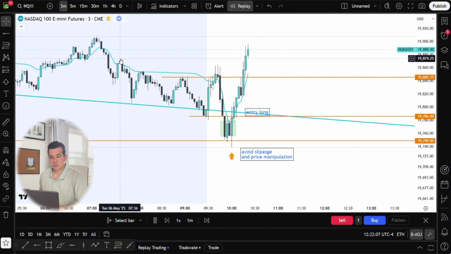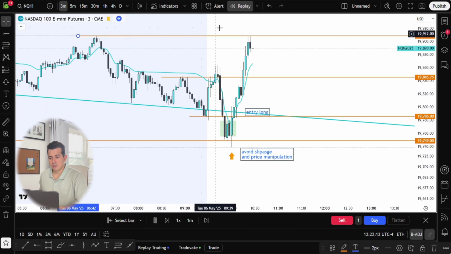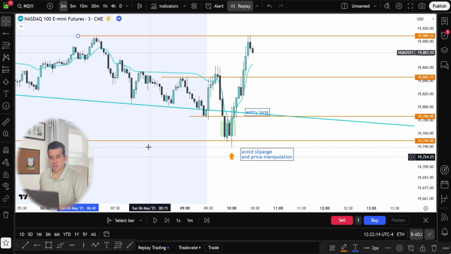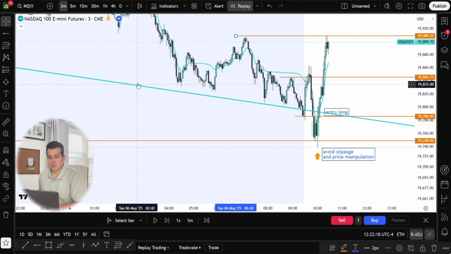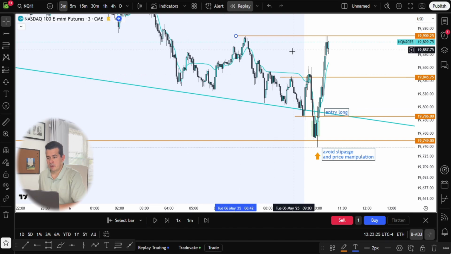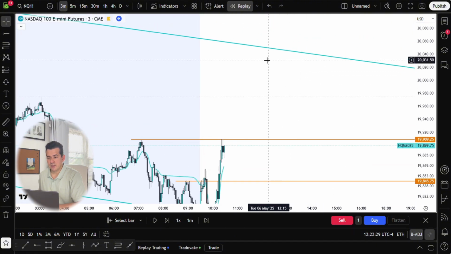Boom. It's coming for the other highs right here. Let's mark this down. As you can see, it just touches the other high, low. Because remember, the trend is trending up. We have blue lines over here.